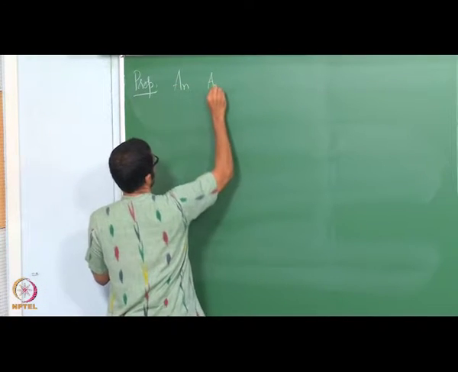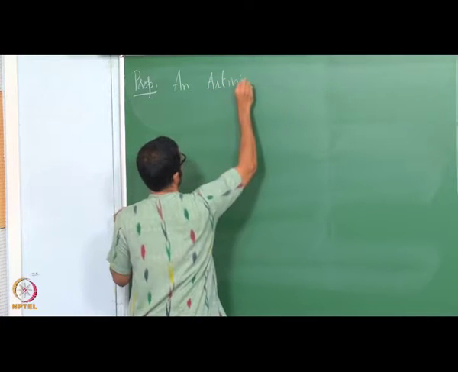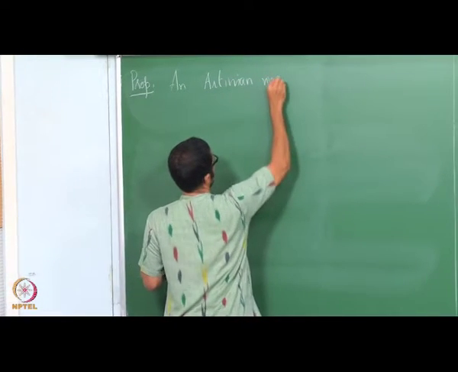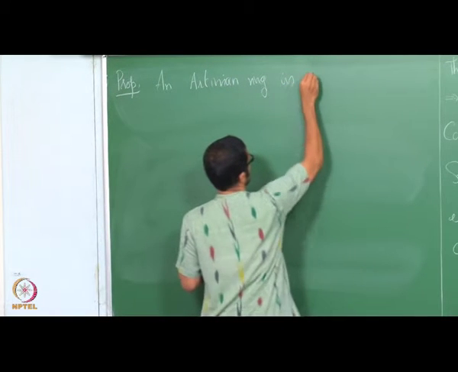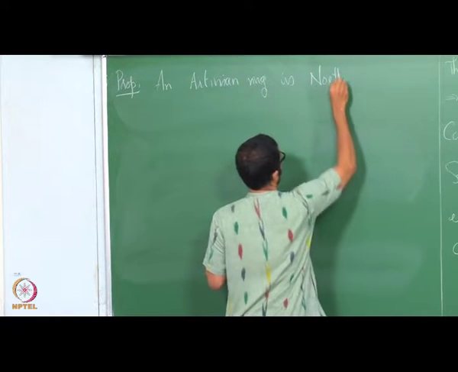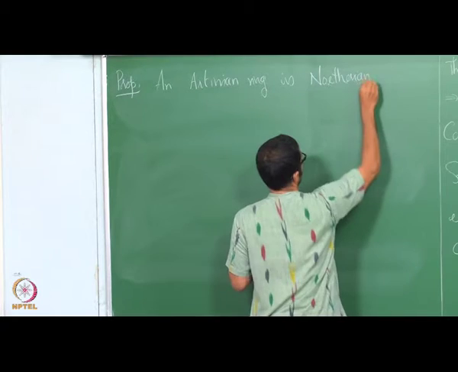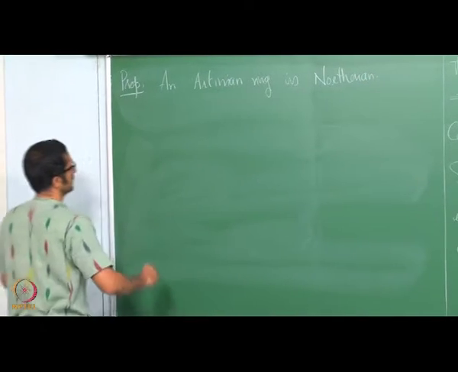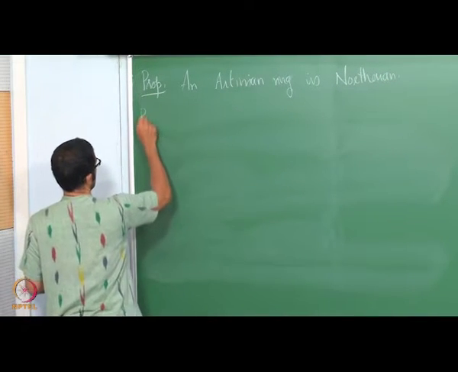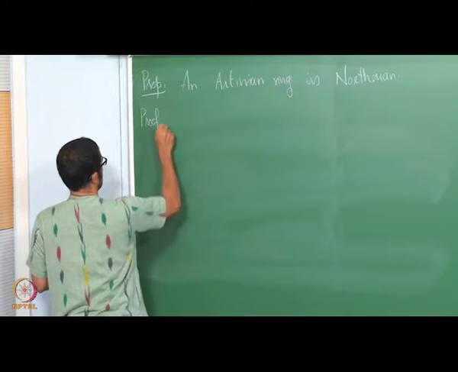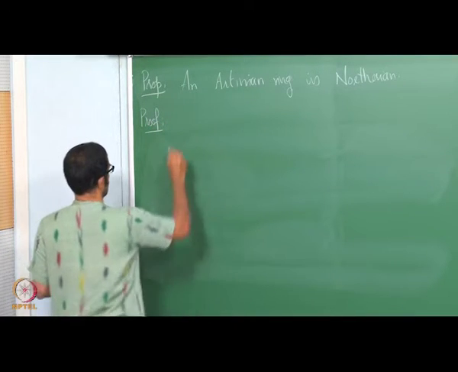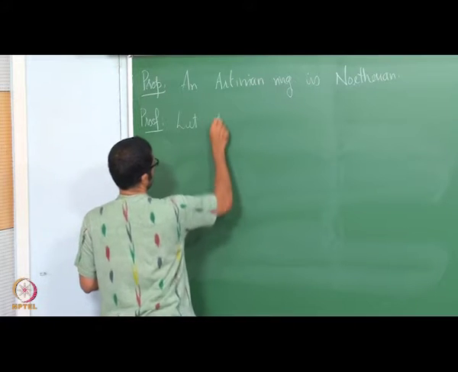An Artinian ring is Noetherian. So, let A be an Artinian ring.